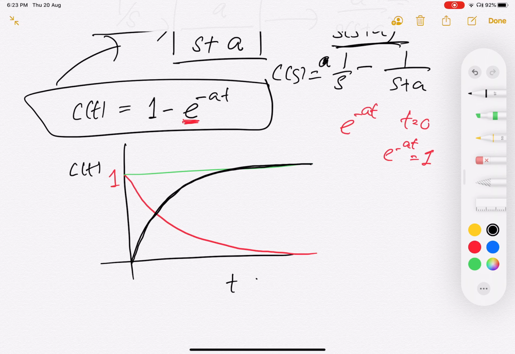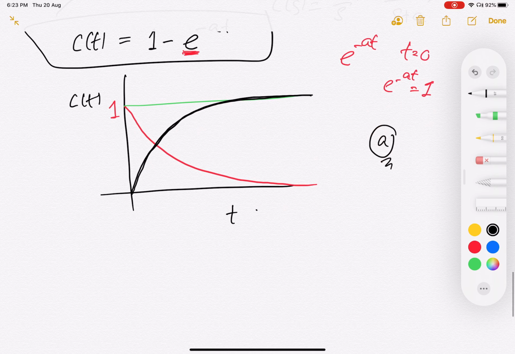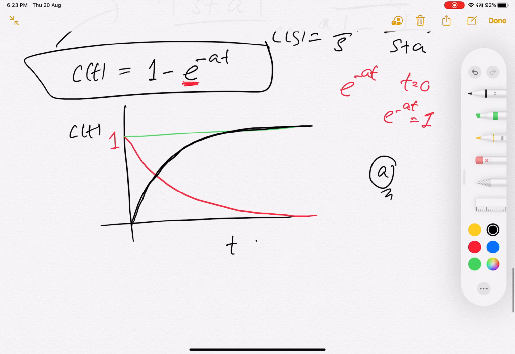Now we are going to characterize this response, right? What is the speciality? Can we define it properly? You can very easily see that if you're able to characterize it using a, you're basically characterizing the response completely, right? Now what is a? Let us look at the term e to the power minus at, which is how it is decaying. So what is the value of e to the power minus at when t is equal to 1 by a, right? When t is equal to 1 by a, e to the power minus at is equal to e to the power minus 1, which is equal to 0.37, right?